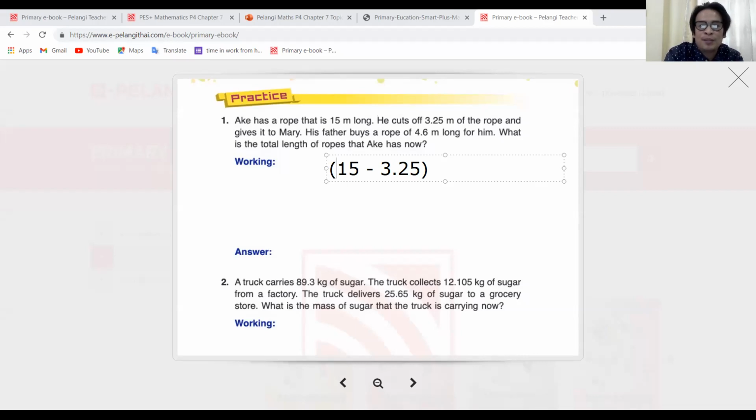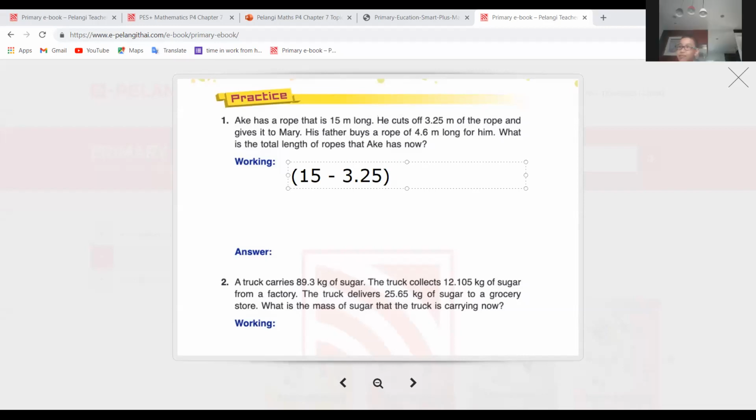So it should be plus. So we have to analyze, right? If the question is, what is the total length of ropes that Mary has now, not him, that's another story, right? So that's why you are correct.